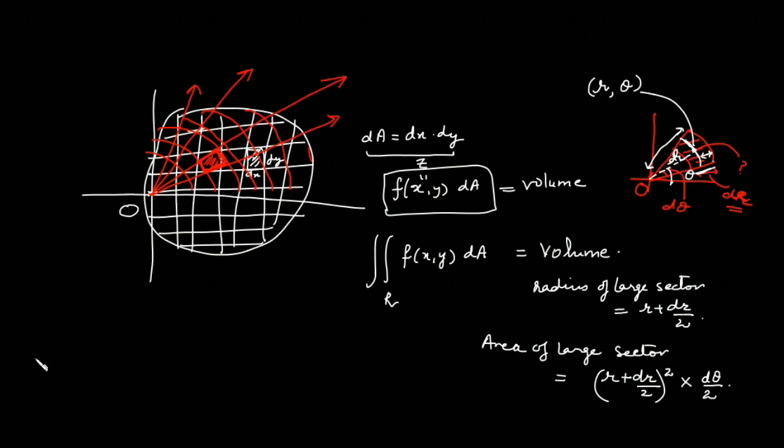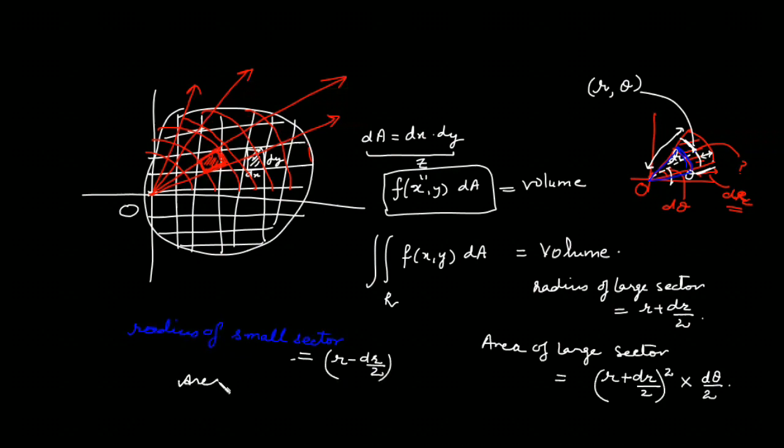Similarly, find out the area of the small sector. Now if this radius is r and this is dr by 2, then the radius of the small sector will be r minus dr by 2.